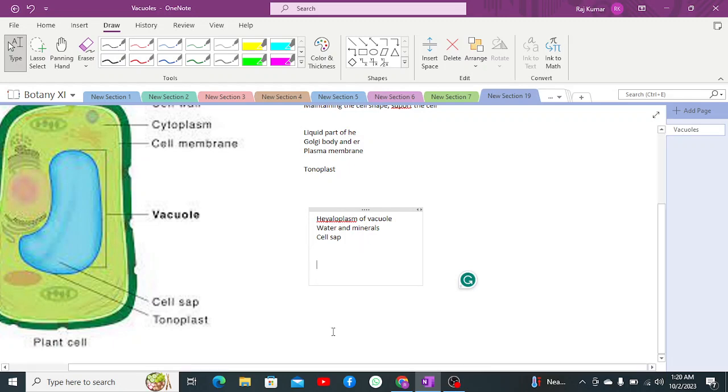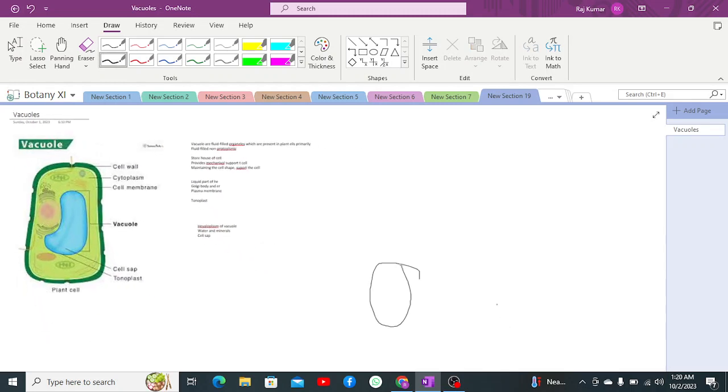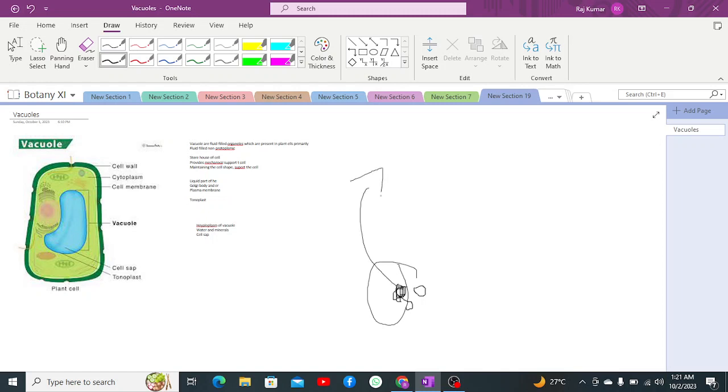During endocytosis in an animal cell, whenever a material is taken inside, it is engulfed, and the extension of the plasma membrane covers up that material and forms a vesicle.